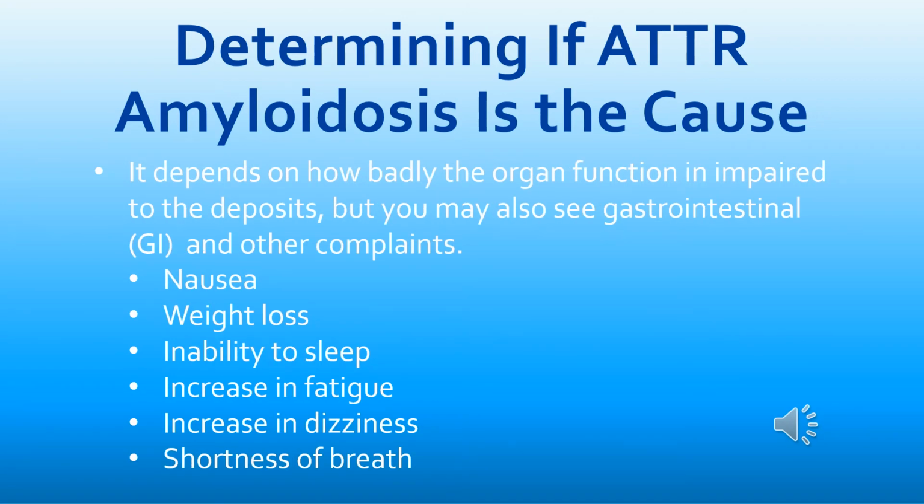So these proteins build up in the organs and start causing issues, and your family member starts complaining of nausea or weight loss because they feel bloated after they eat, so they don't eat that much. They're eating like a bird. They're not really taking enough in for their nutritional needs. Or they start having an inability to sleep because they feel bloated after they eat something, to the point that they're so uncomfortable that things aren't moving along that they can't sleep.